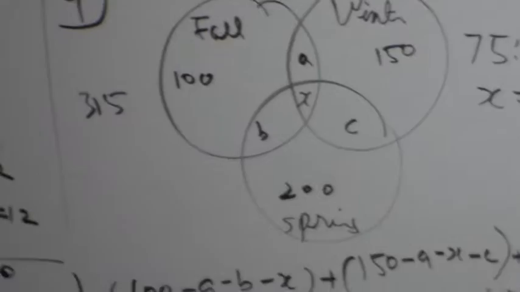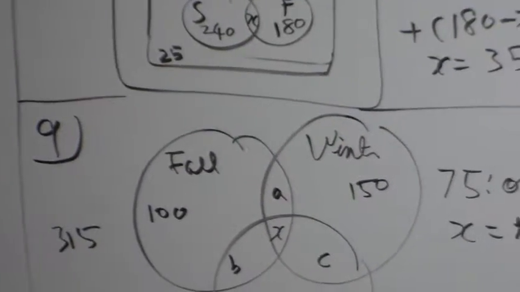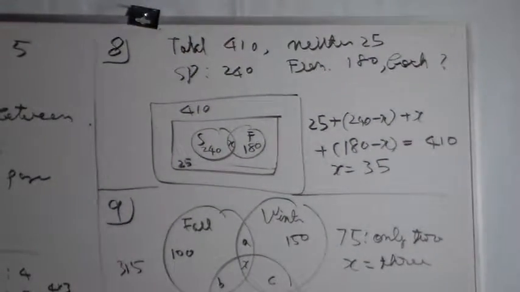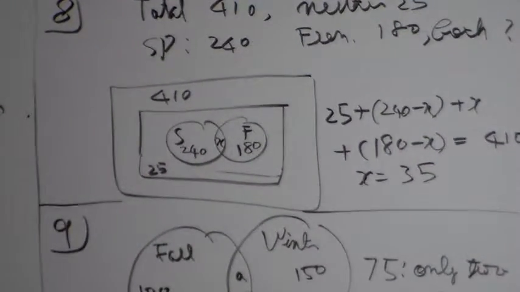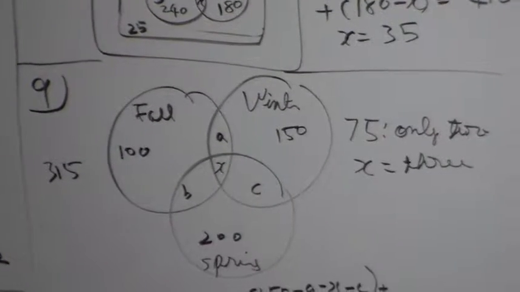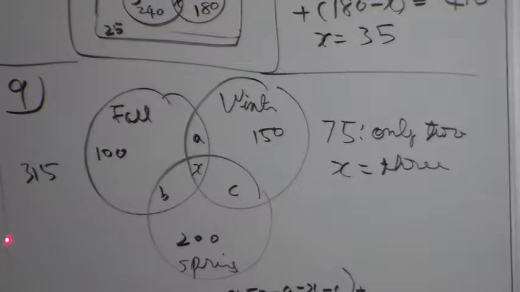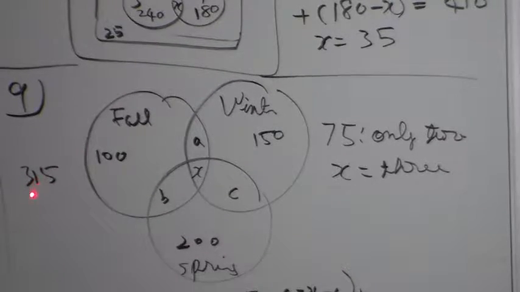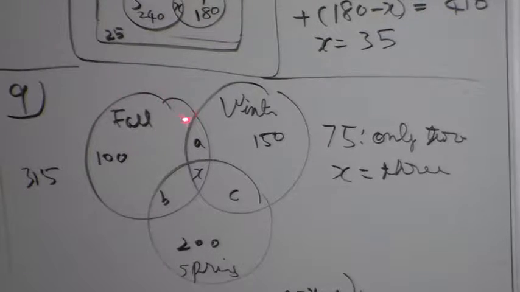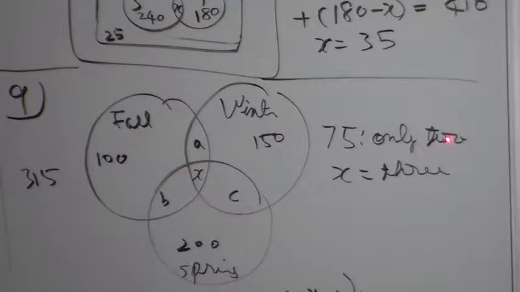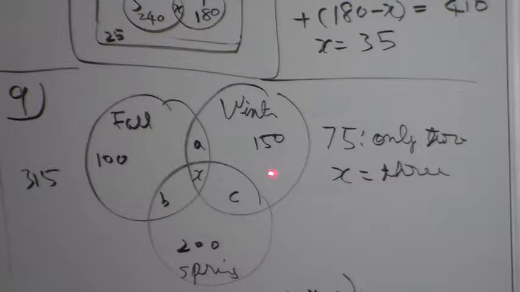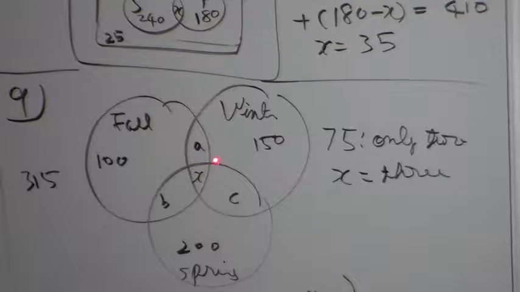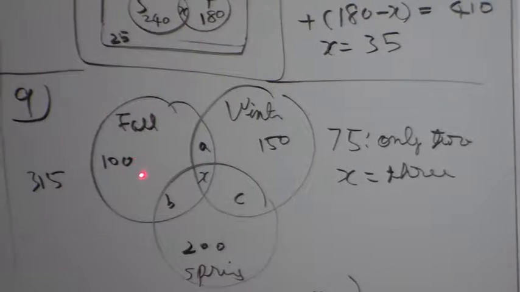Another one is this one, number 9. Number 9 is also the same idea, but a little more calculation, I guess. The total number of students is 315. Seventy-five students are in only 2 sports, and x students are in 3 sports. Fall sports has 100 students.